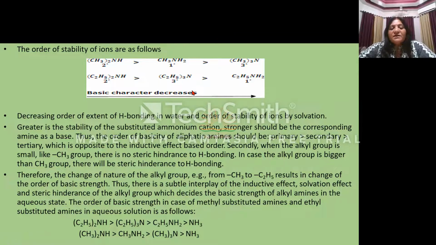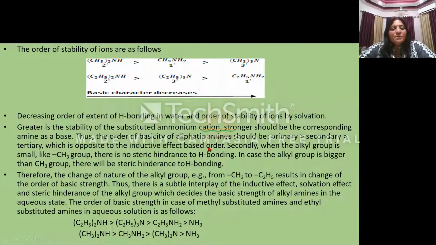Decreasing order of the extent of hydrogen bonding in water and order of stability of ion by solvation. Now, greater is the stability of the substituted ammonium cation, stronger should be the corresponding amine as a base. Thus the order of the basicity of the aliphatic amine should be primary is greater than secondary is greater than tertiary, which is opposite to the inductive effect base order.